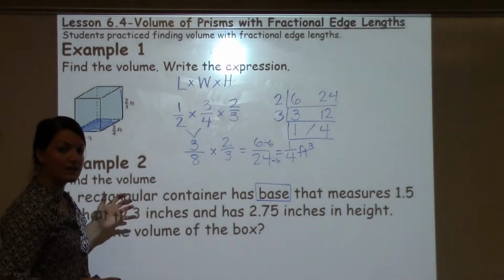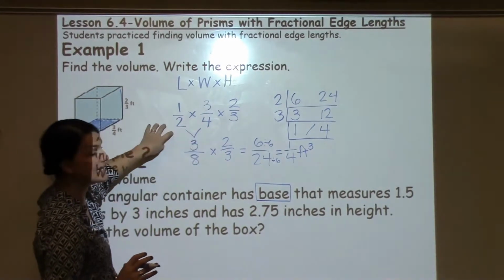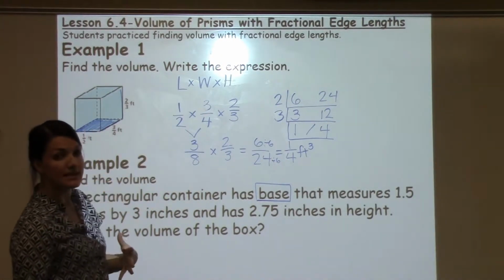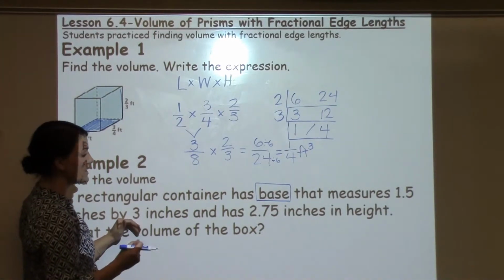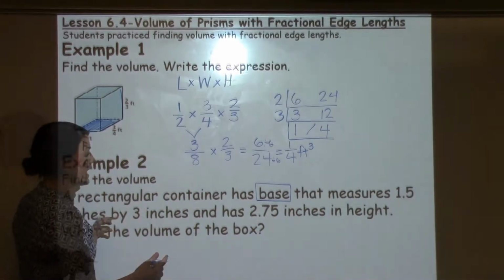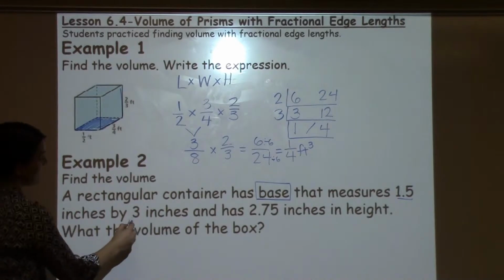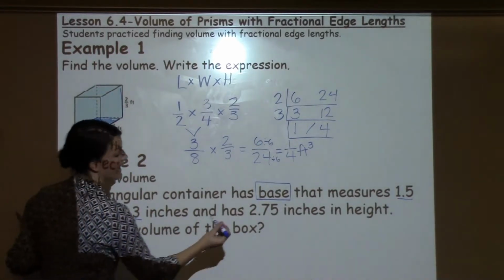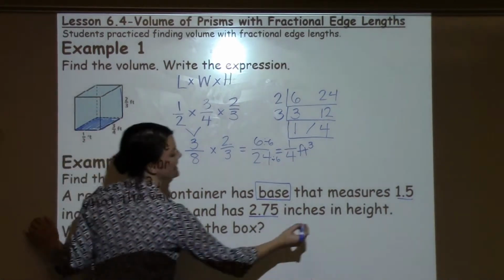When we're multiplying, the order doesn't really matter. I could have multiplied these two first and then taken it by 1/2. We would have got the same answer. So if they can't quite figure out exactly which one is the length and which one is the width, that's okay. So then I see that it says 1 5/10 inches by 3 inches, and then I also have 2 75/100 inches in the height.